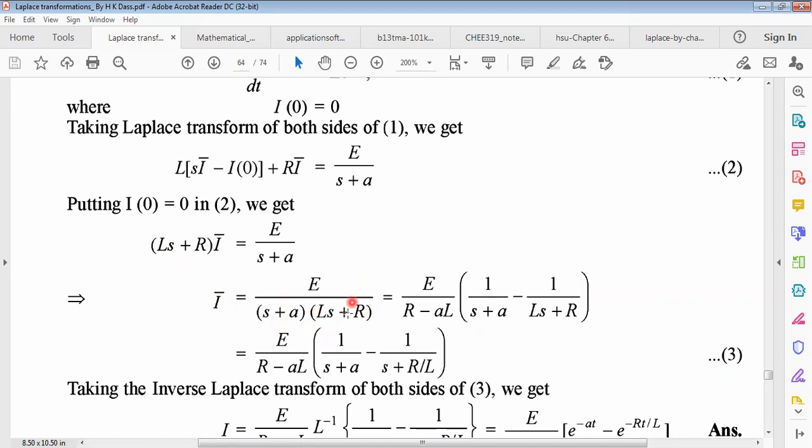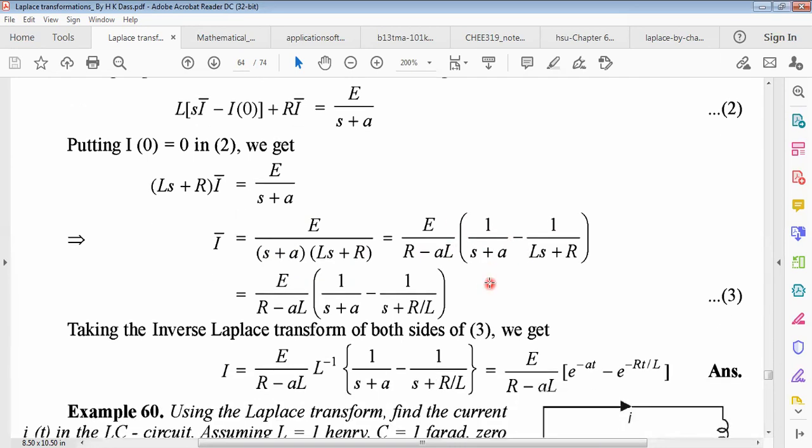Now easily by partial fraction method we can write this as 1 by (s plus a) minus 1 by (Ls plus R), where R minus L. You can consider this equals A divided by s plus a plus B divided by Ls plus R. Then putting s equals minus a, and putting s equals minus R by L, you get the values of the constants, then we can form this partial fraction.